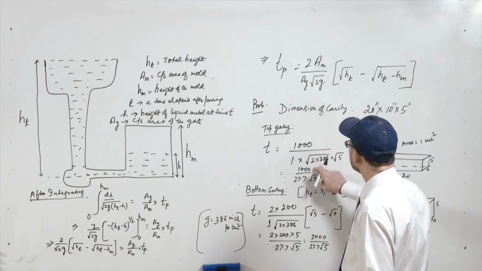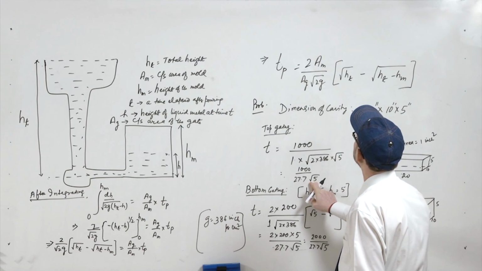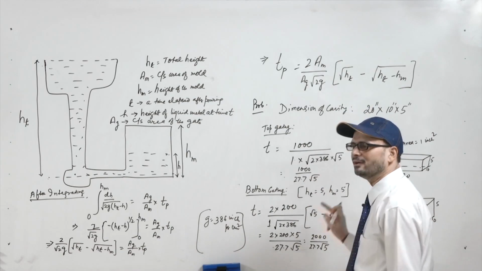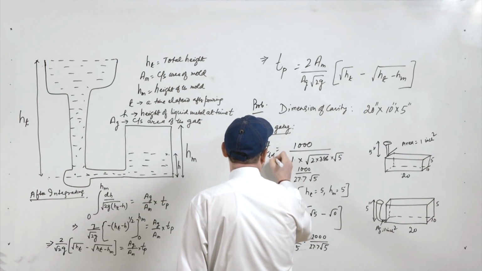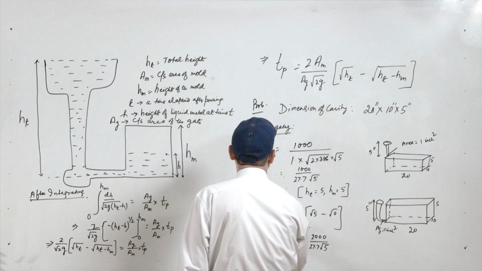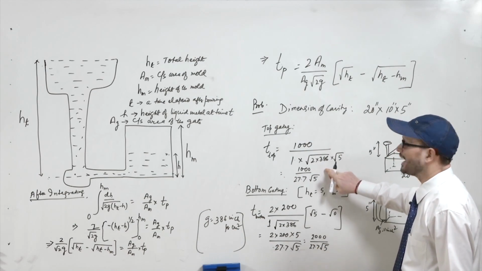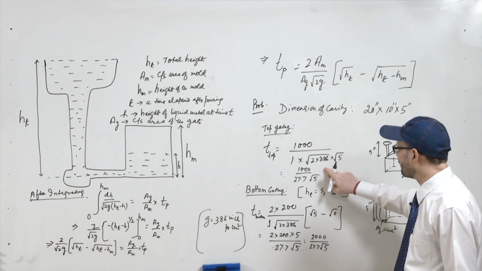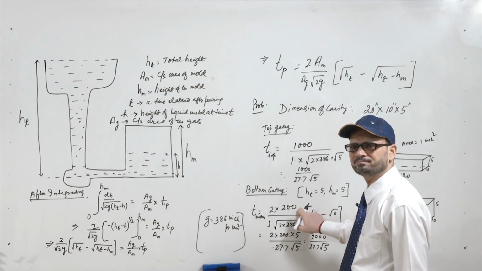It was 1000 divided by 27.7 into under root 5. So, what we see is, in the case of top gating, the time taken is half of the time taken in case of bottom gating.